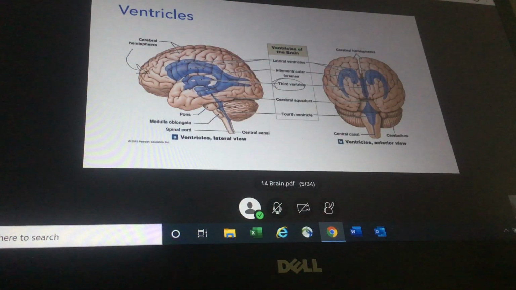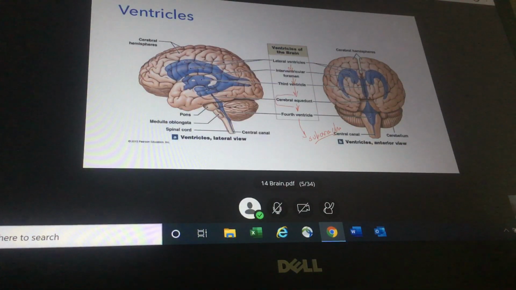And fluid is flowing in this image from your textbook. The cerebrospinal fluid is flowing in the order in which these are listed. So these aren't listed in a random order. It goes from the fourth ventricle out into the subarachnoid space that we saw on the previous image. That's where it's going from there.